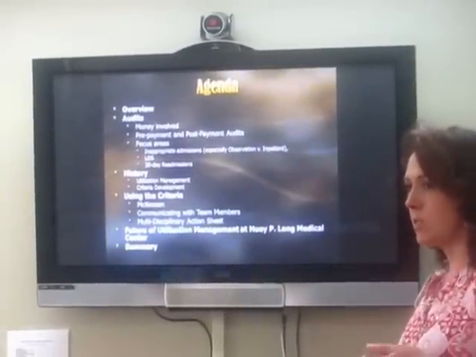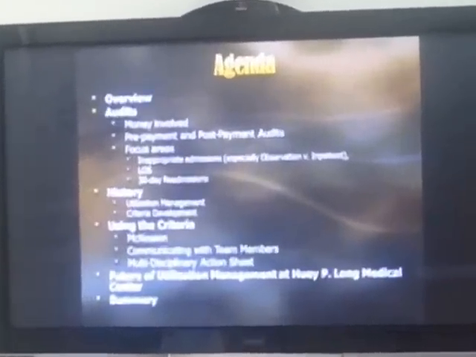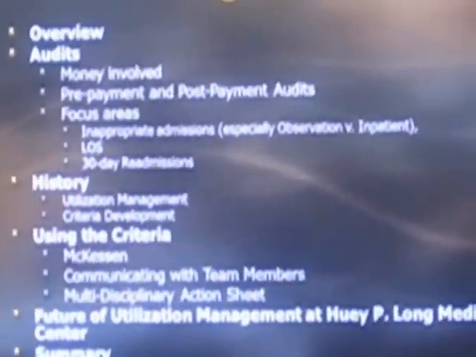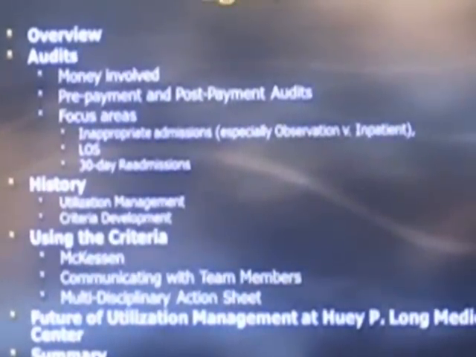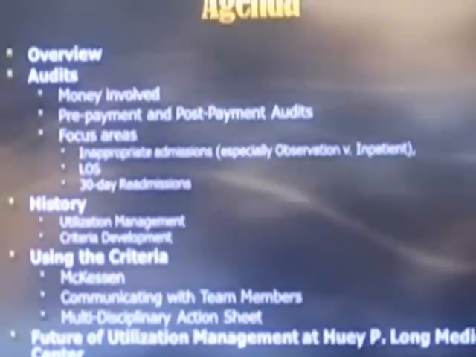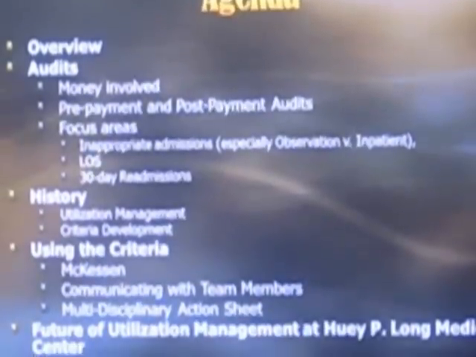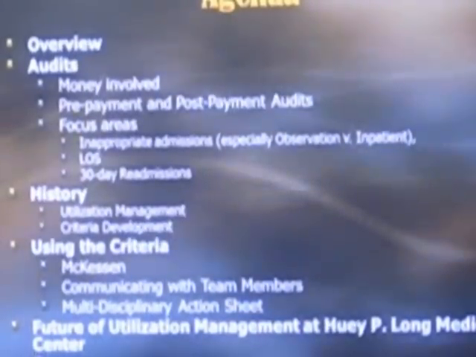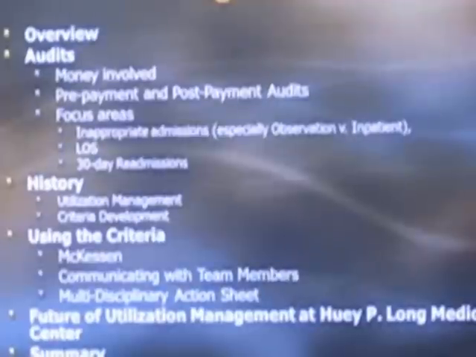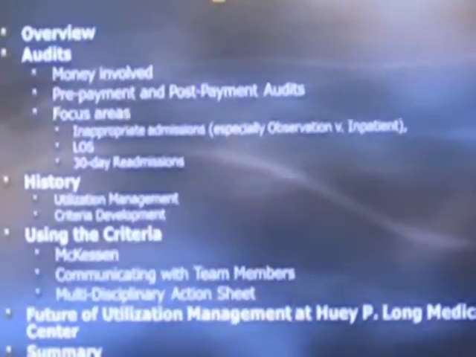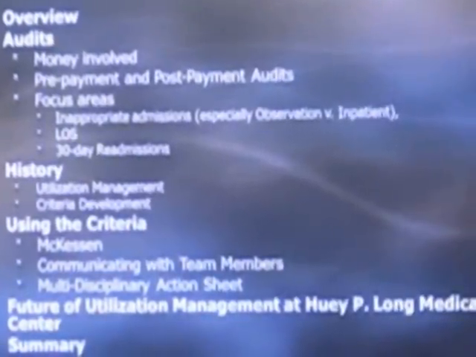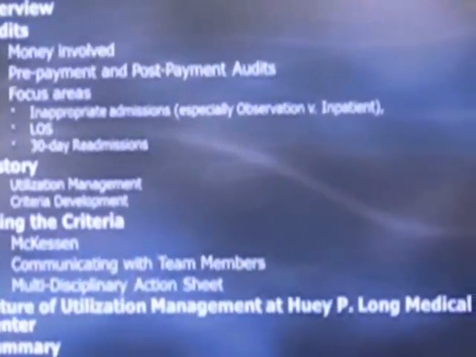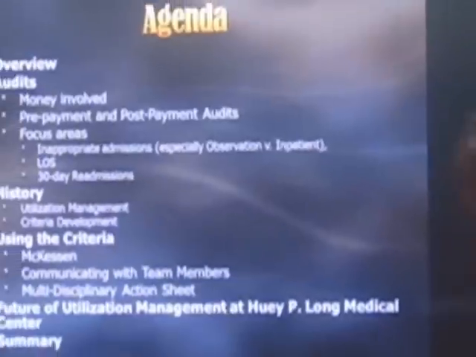That's really important to utilization management, recognizing the types of things we're trying to avoid in trying to avoid an audit or successfully complete an audit. Then we're going to talk briefly about the history of utilization management and criteria development, then using the criteria, a couple of things that are upcoming in our department, and summarize it, and that'll be it. So it's just a brief presentation.